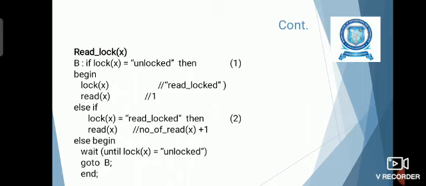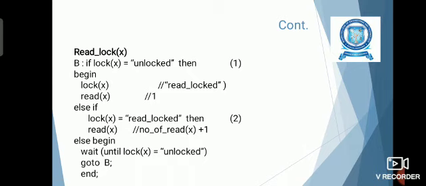Okay. So to read a data item X, what is the transaction doing? First it will check the previous status of X. If it is in an unlocked state, it will put a lock on X, then it is reading X. Else if lock of X equal to read locked, if previously X is read locked, then also the transaction can perform the read.